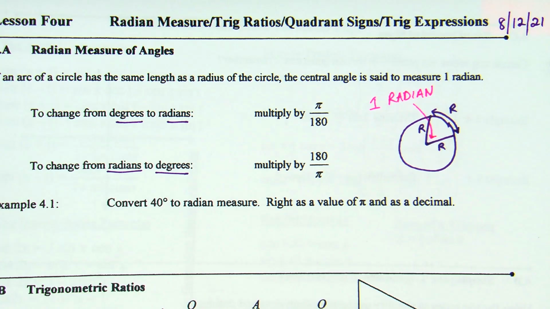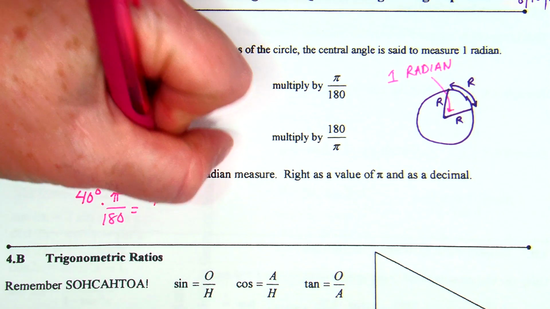I know the zeros cancel and I have 4 over 18, but we know 4 over 18 reduces to 2/9. So this is 2 pi over 9. Could you come up with a decimal if you need it? Yes. Okay. I have written down that it is 0.6981.